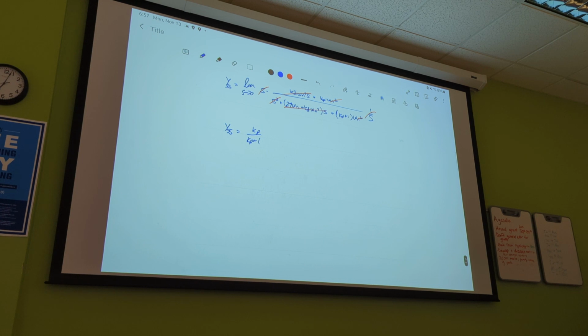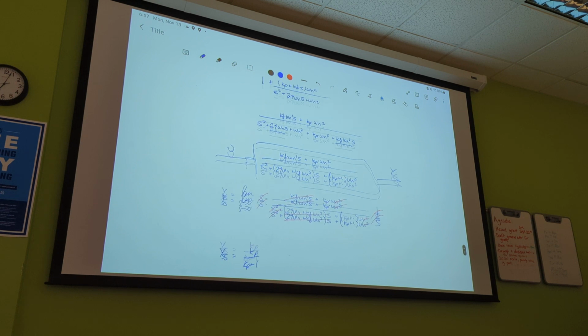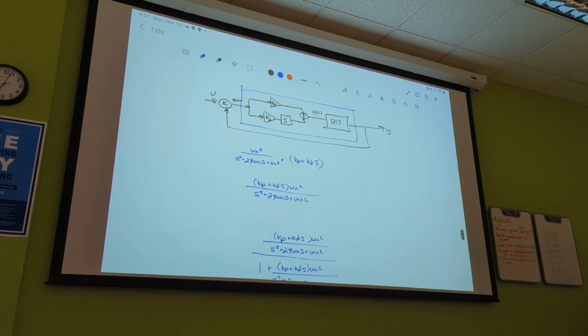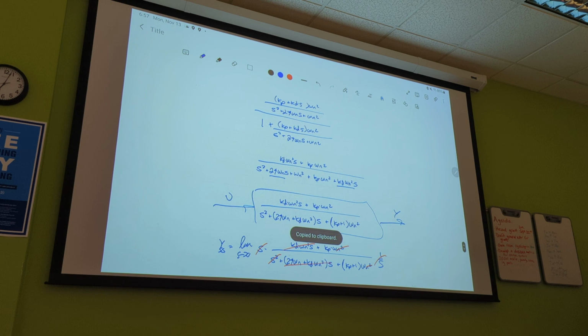And then, if we have time, if nobody comes in, we can finish the same one, but with a PID controller. What was the final result for that? It was the same as the proportional.